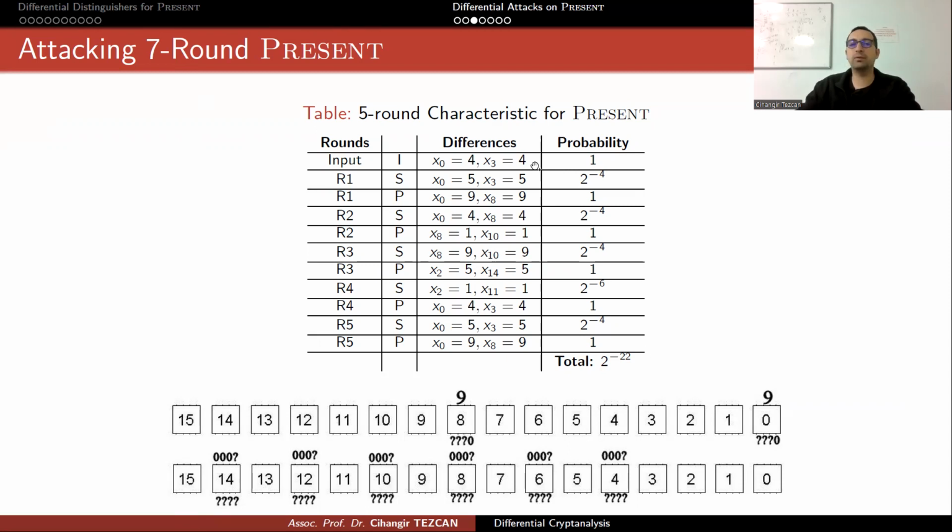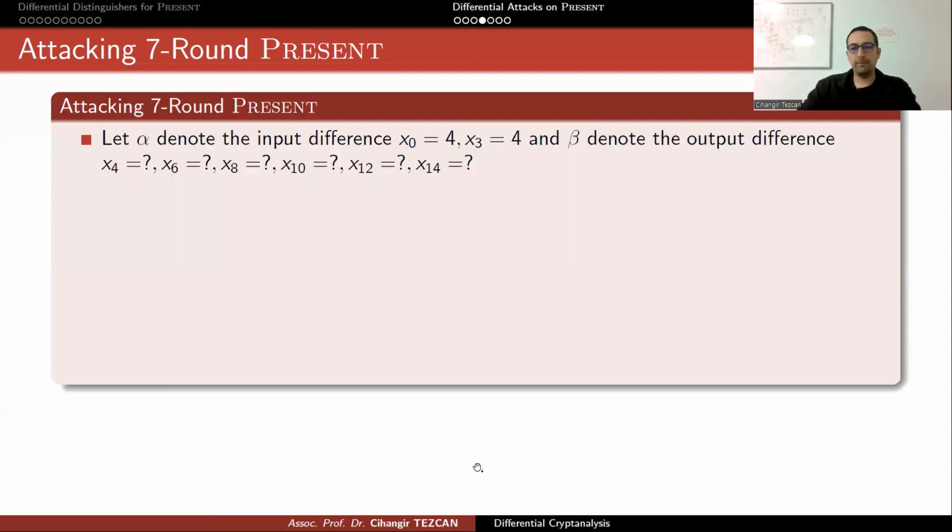I will only give you the plaintext pairs and the ciphertext pairs. Actually, you don't even need the plaintext pairs. You can only look at the ciphertext pairs, then partially decrypt them 2 rounds back, and increase the counter of those candidate keys when you observe this difference, okay? This way, you can capture the sum of the round key bits, okay?